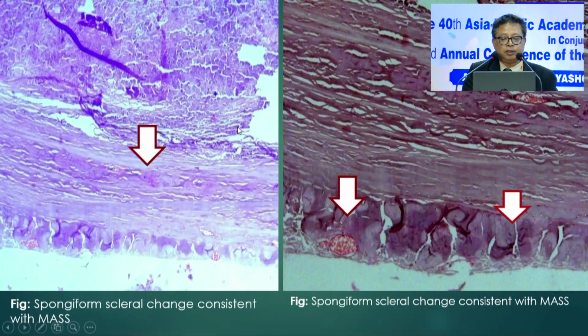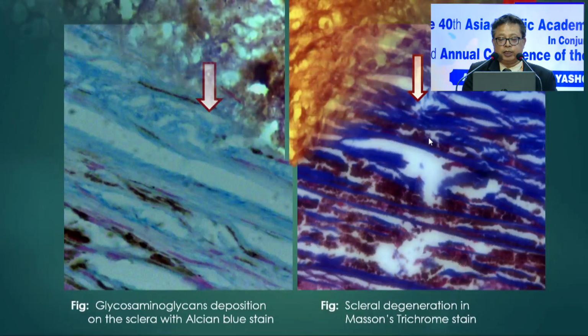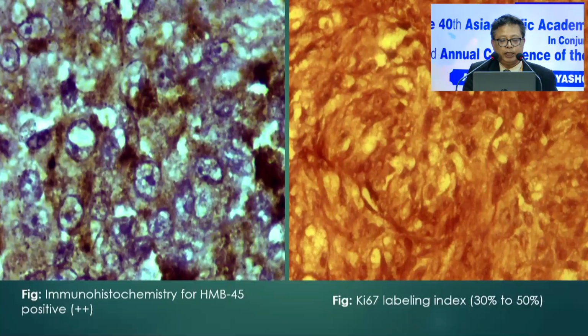And now here you see some spongiosis appearance in the sclera around the tumor. We have done an Alcian blue stain which showed some deposit here, and trichrome stain also showed some deposit there. And HMB-45 in IHC showed the pigmented cells, and Ki-67 index was 30 to 50%.